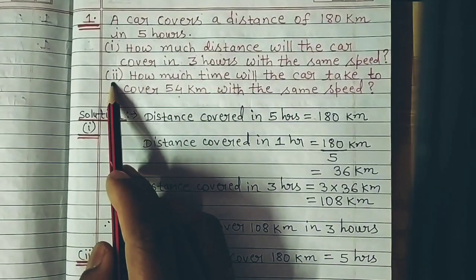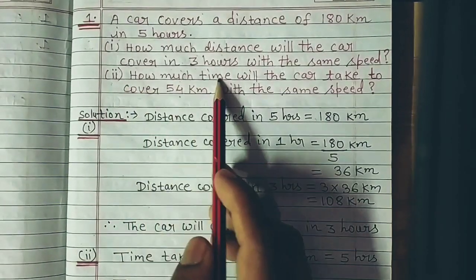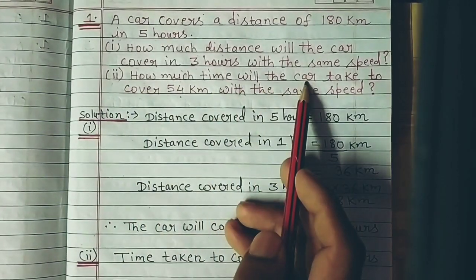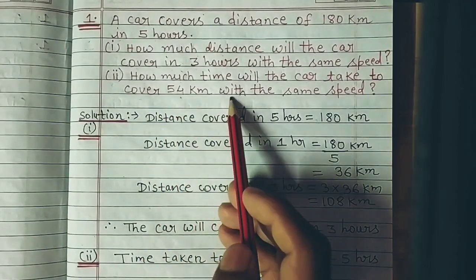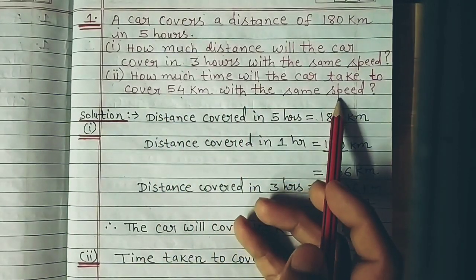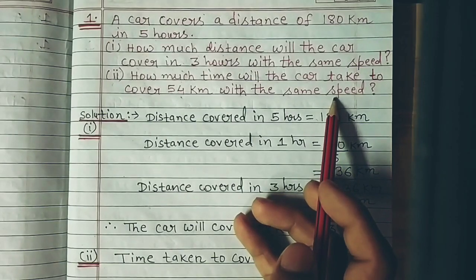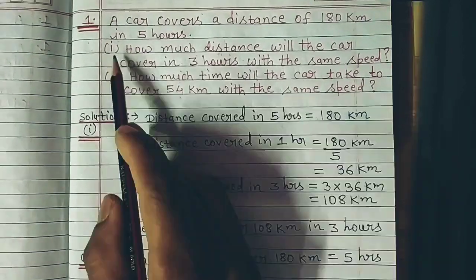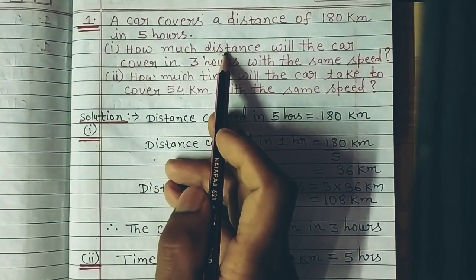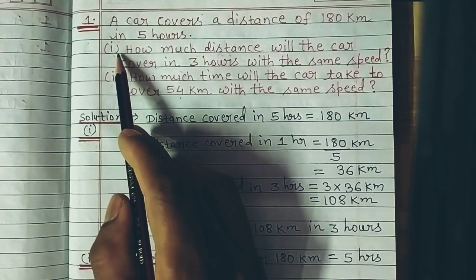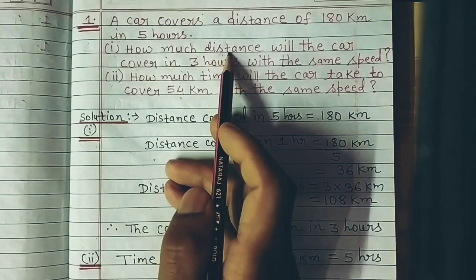And the second one is, how much time will the car take to cover 54 km with the same speed? Clear? So in question number 1, we have to find the distance. As you can see here, it is written how much distance.